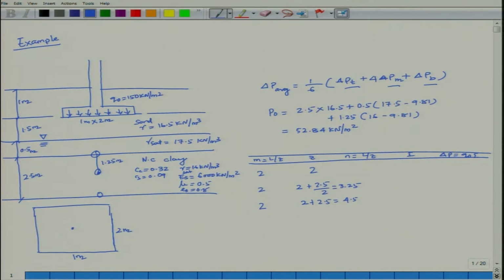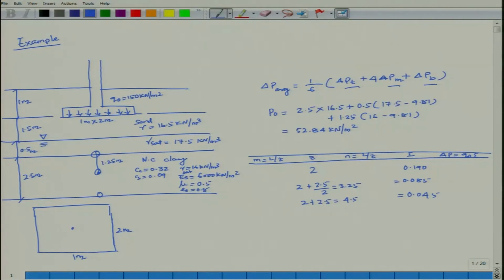M and N you can calculate. Then I comes out to be 0.190, 0.085, and 0.045. Sorry, M will be also varying, N also will be varying.